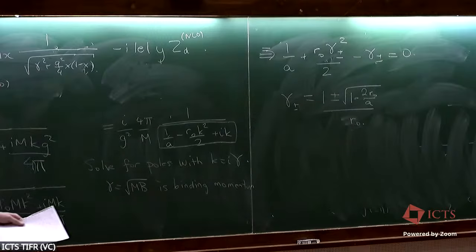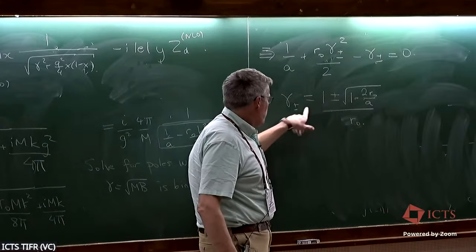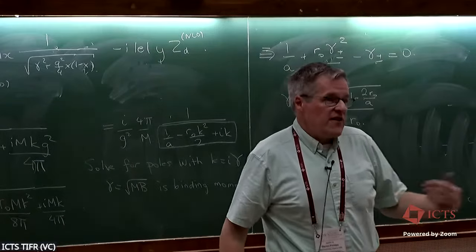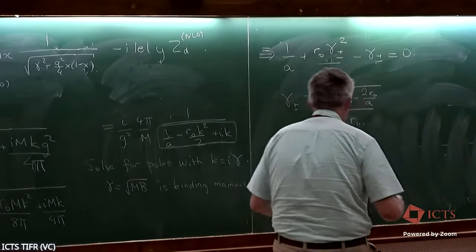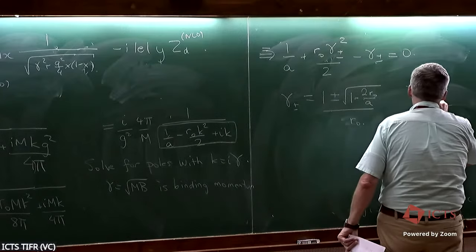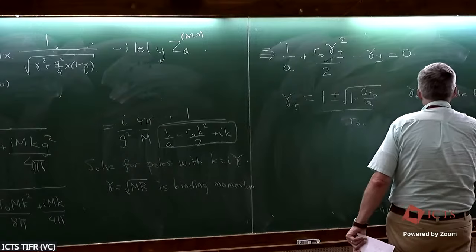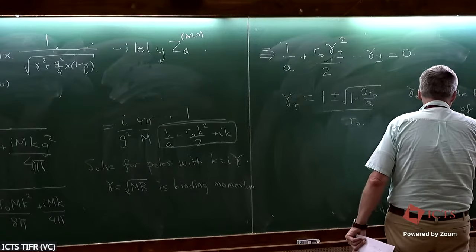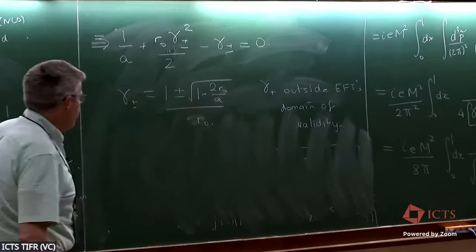The root with the plus sign is a binding momentum of order 2 over r0. And since 1 over r0 is a high scale, gamma plus is outside the domain of validity of the EFT. The one with the minus sign is the one we want.